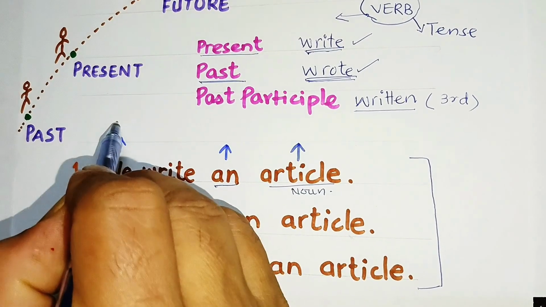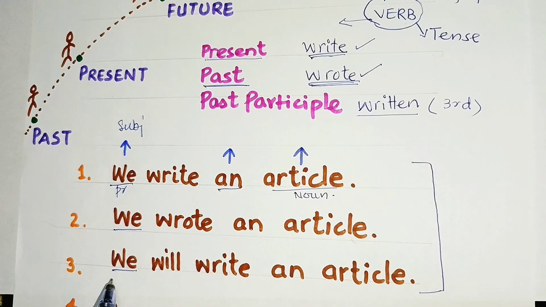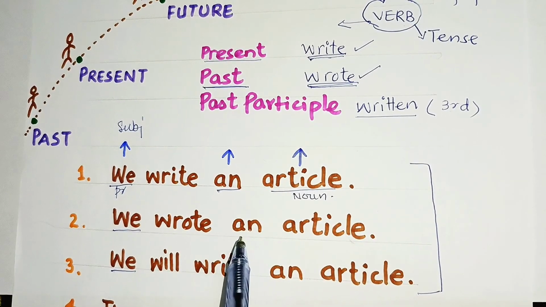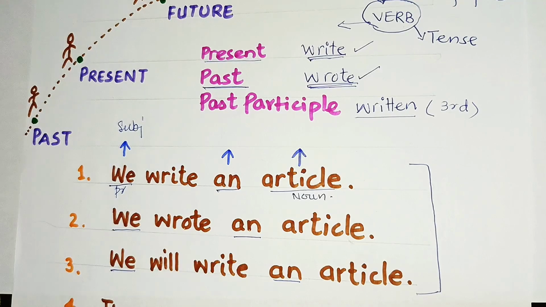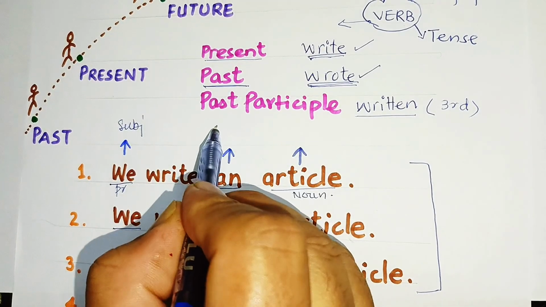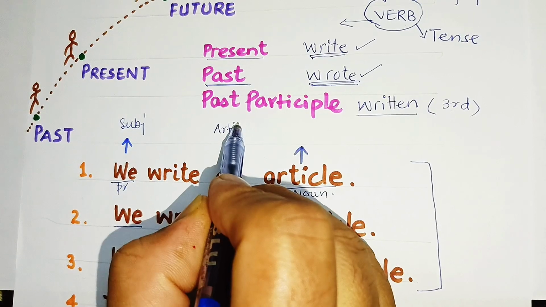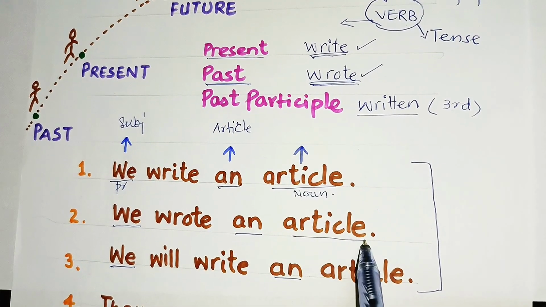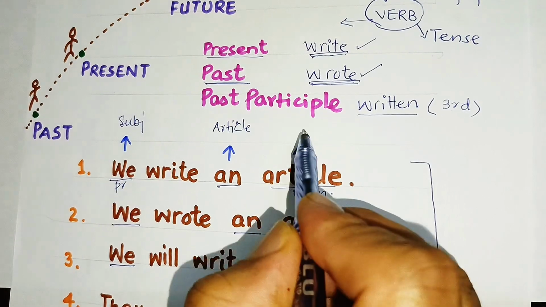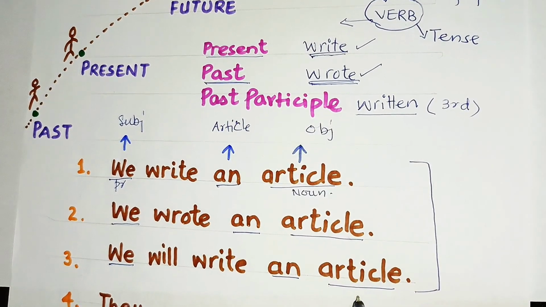So the subject in all the cases is we, and we have got an in all the 3 sentences, which is an indefinite article. And the last word, article, is acting as an object, and again it's a noun.